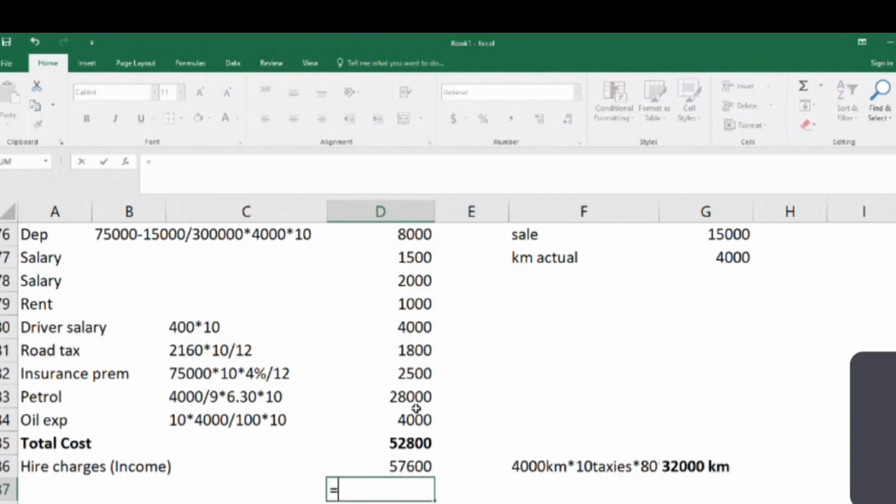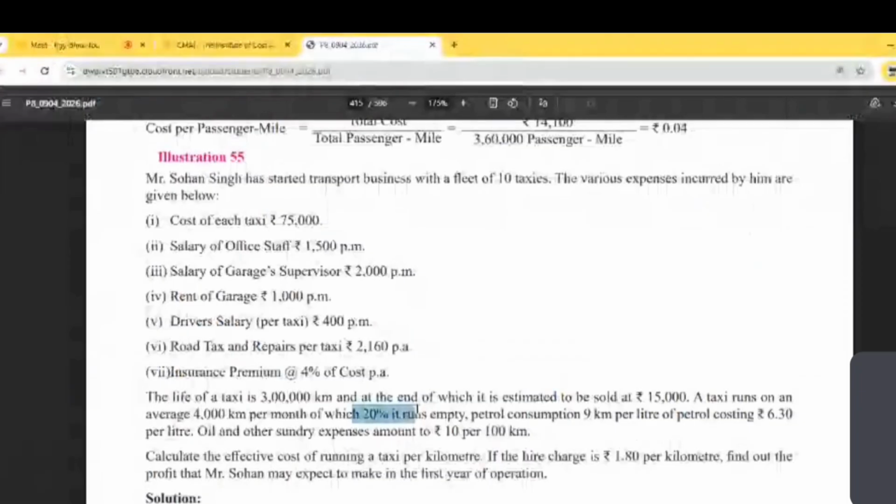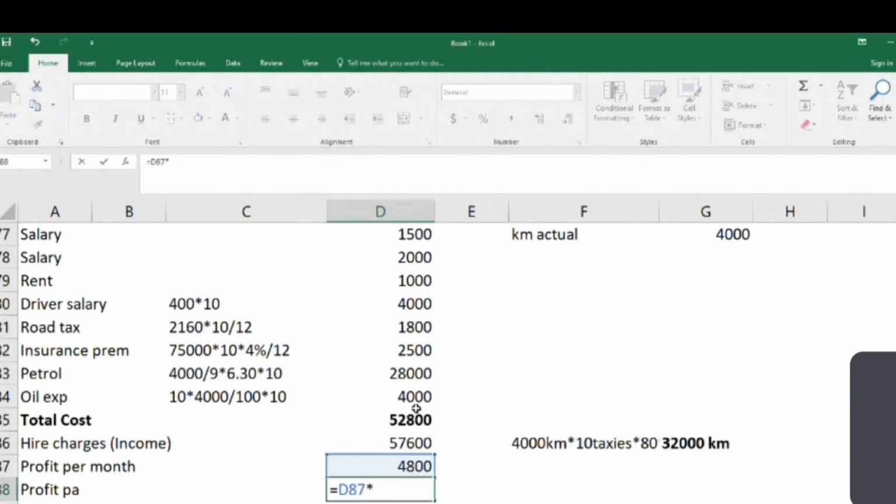So sales minus cost will be your profit. This is your profit per month. If you want profit per annum, as you know, multiply by 12.